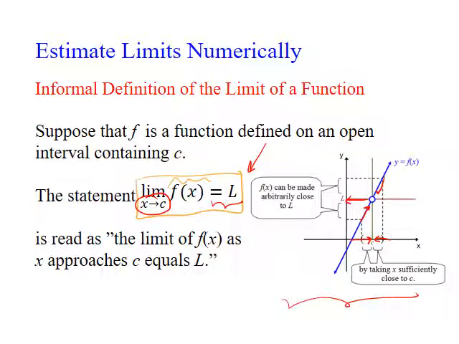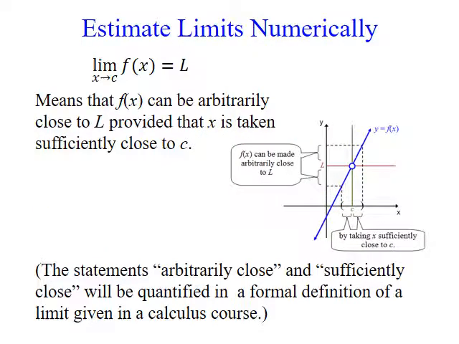Now, I know that is overwhelming, but really in layman's terms, what this means is the intended height of a function. So this is like a y value. We kind of talk about this a little bit more, and there are statements like arbitrarily close or sufficiently close. And those are things that will be discussed further in Calc 1.